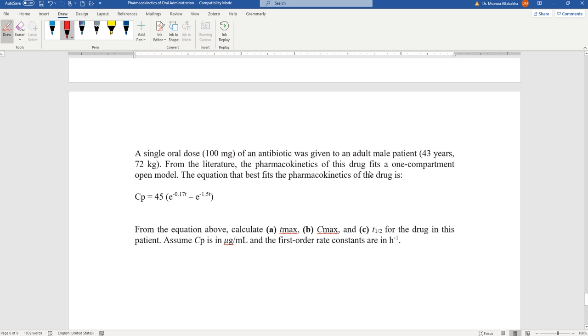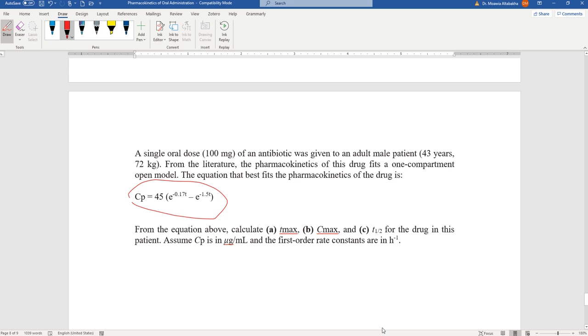From literature, the drug follows one compartment open model, and since this is an oral dose, the equation that fits this drug is this one. What is required? Calculate the Tmax, the Cp max, and the half-life.